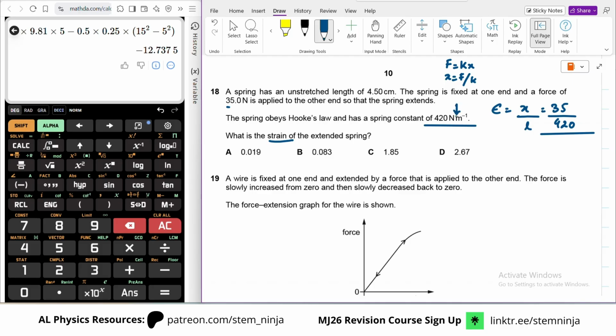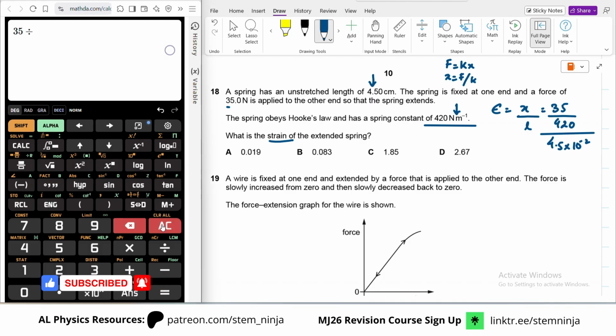This is in centimeters, we need to convert it into meters, so unstretched length is 4.5 times 10 raised to power minus 2. So 35 divided by 420, divided by 4.5 times 10 raised to the power minus 2. So we get 1.85.